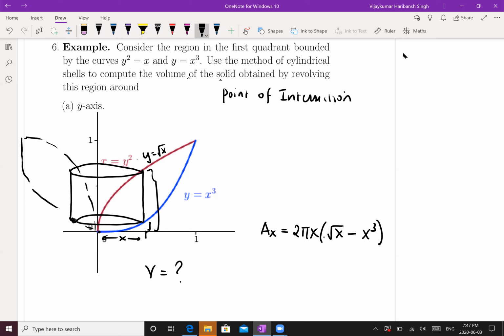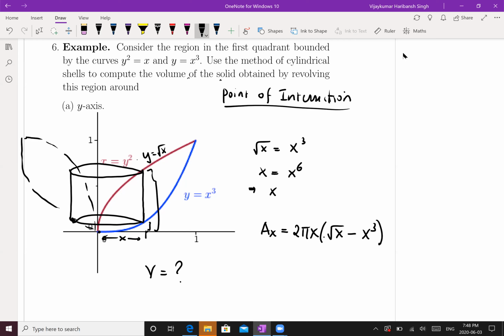When two curves intersect, the x and y values become the same. So now we want to solve for x in this case. So we'll equate y values. So you can see that you will get square root of x equals x cubed, or you get x equals x to the power 6.